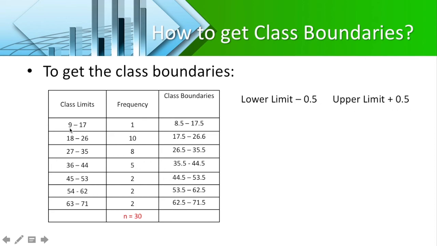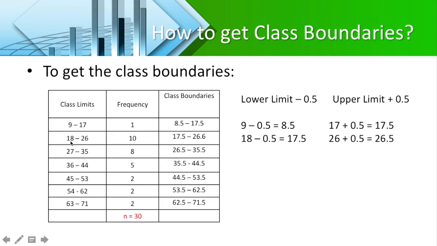So this is our lower limit, 9, and the upper limit is 17. So to get 8.5 up to 17.5, simply subtract 0.5 from 9, and that is 8.5. Then add 0.5 to 17 and that equals 17.5.